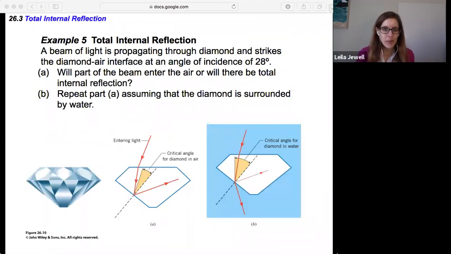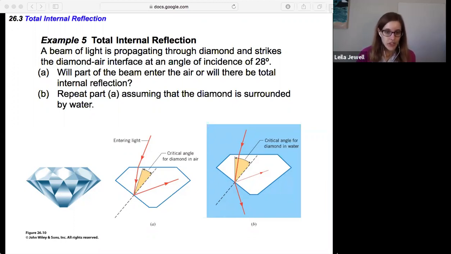So let's look at an example of total internal reflection, which is abbreviated TIR. A beam of light is propagating through diamond and strikes the diamond-air interface at an angle of incidence of 28 degrees. Will part of the beam enter the air, or will there be total internal reflection? B, repeat part A, assuming that the diamond is surrounded by water.